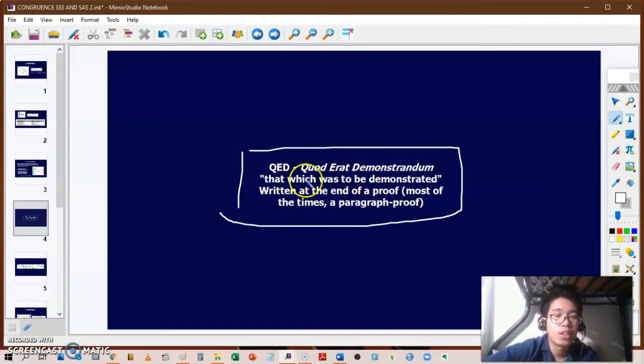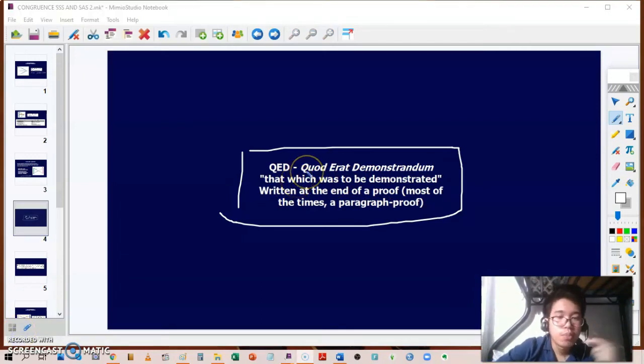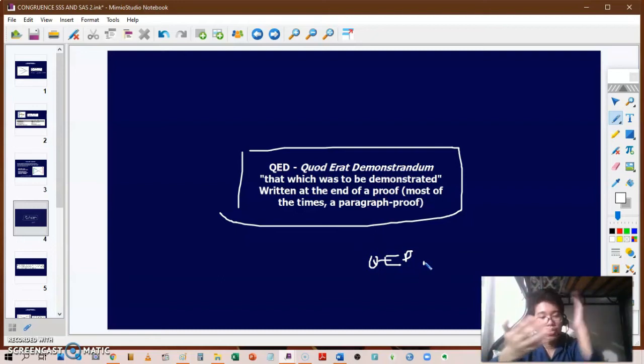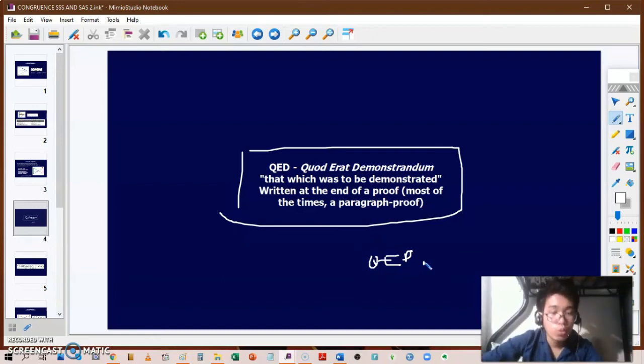It stands for quod erat demonstrandum, which in English means that which was to be demonstrated. We write that at the end of a paragraph proof. It's not really necessary for a two-column proof, but for a paragraph proof it's important to write QED, so that it signifies that our proof has reached its ending, or that we've already proven what we wanted to prove.